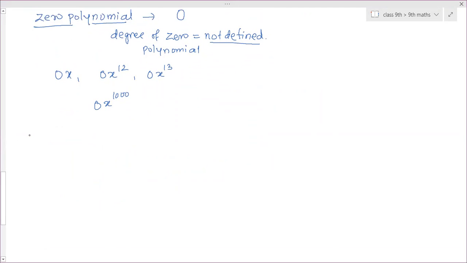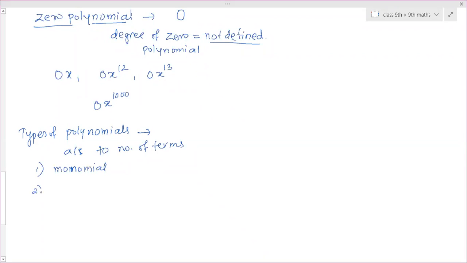Types of polynomials according to the number of terms: the first type is monomial, second is binomial, third is trinomial.